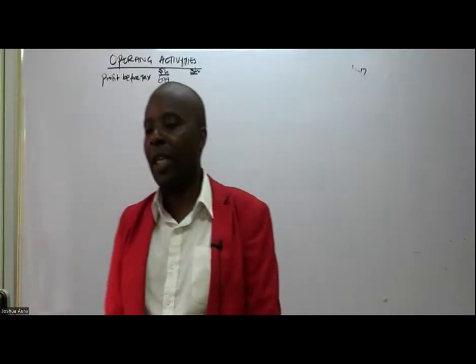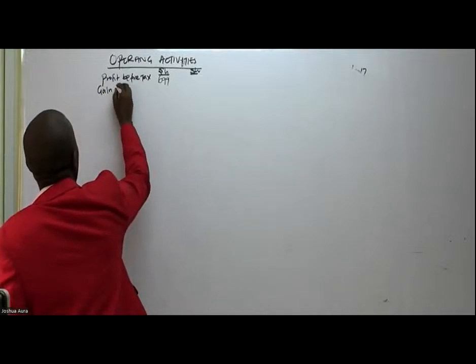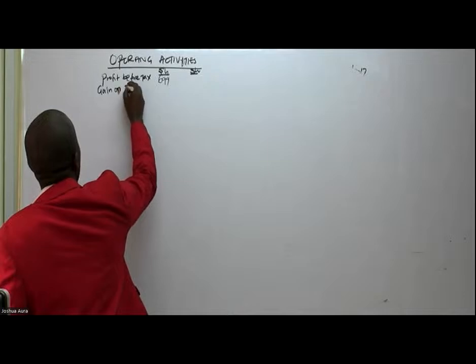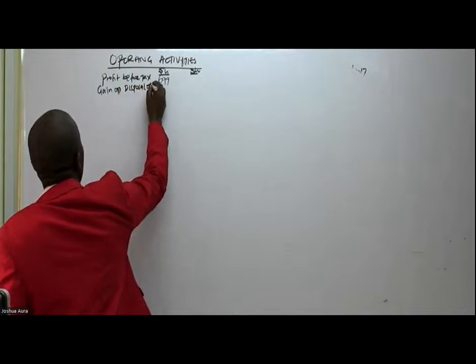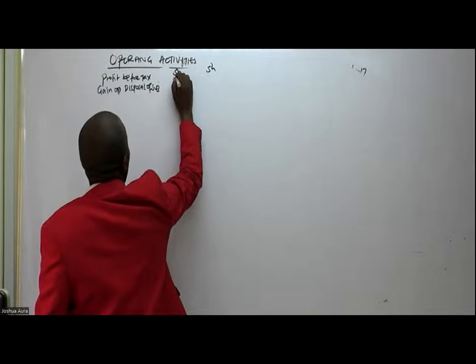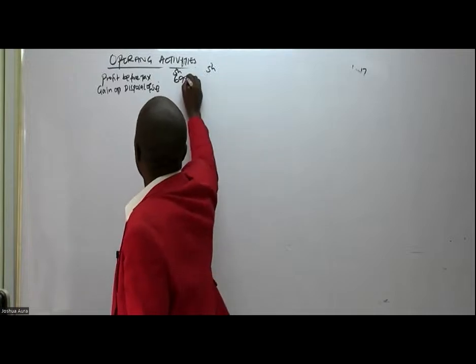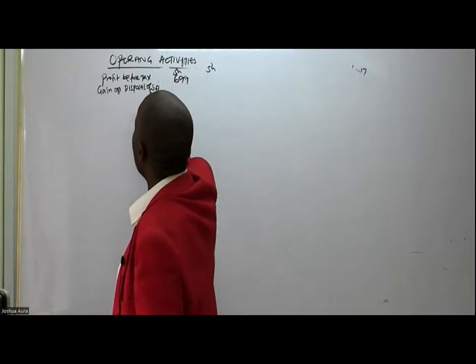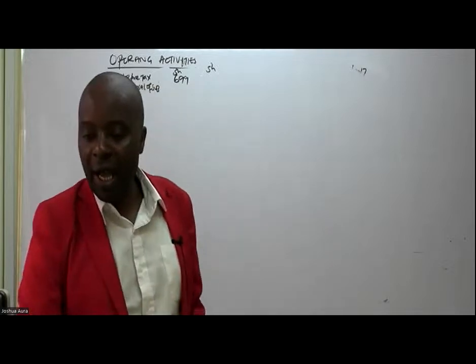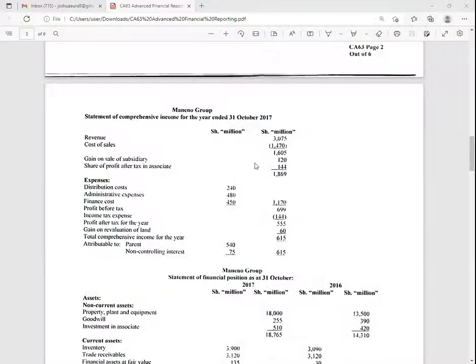So we have here gain on disposal of subsidiary, and they have given us a figure. Looking upwards, I can see it is 120.